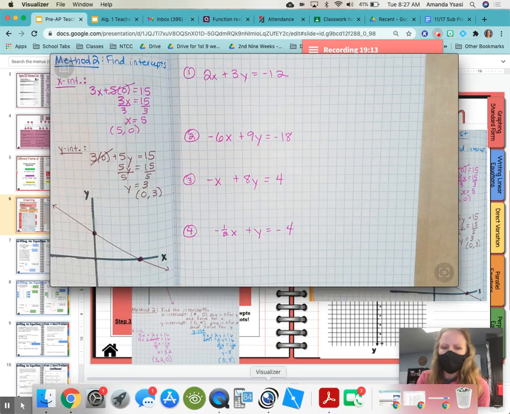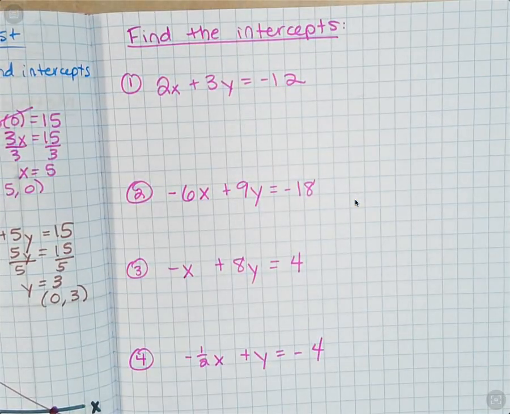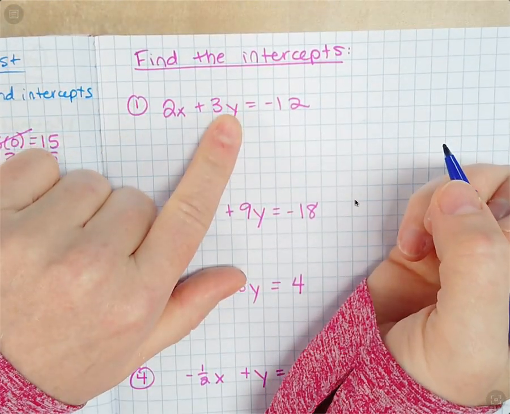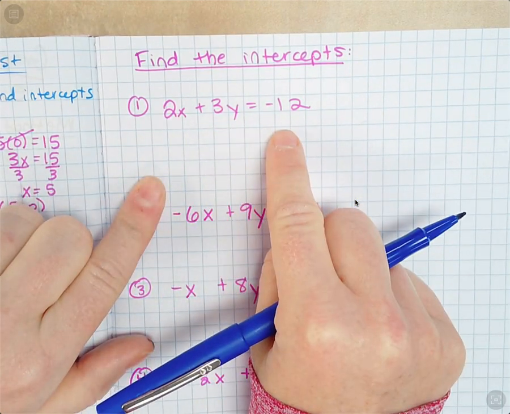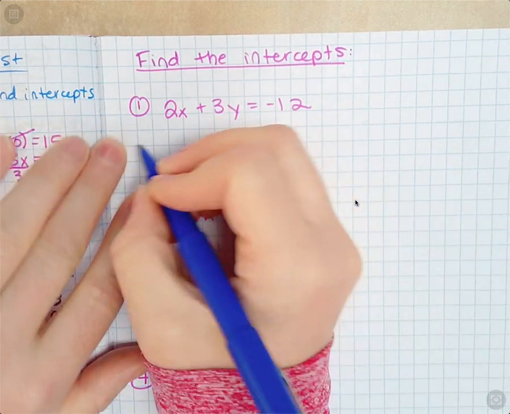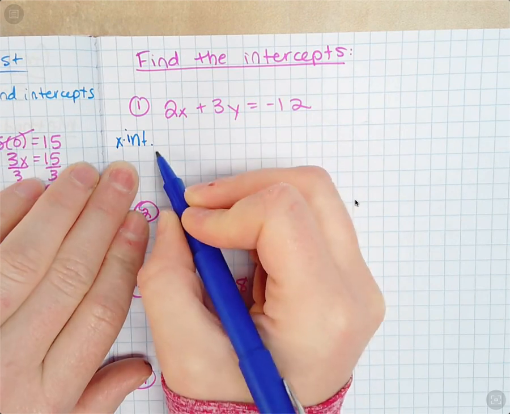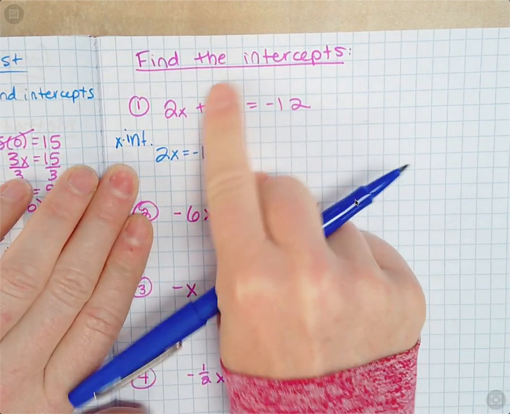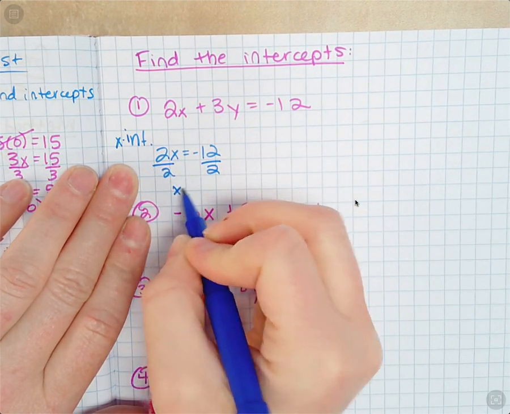Okay, so let's look at these problems together. So you're finding your intercepts. So for your x-intercept, you're going to plug in a 0 here. So you can write this all down, or you can look and say, okay, if there's going to be a 0 here, then for my x-intercept, I'm just going to have 2x equals negative 12, right? I no longer have the y. So I divide by 2, and x equals negative 6.